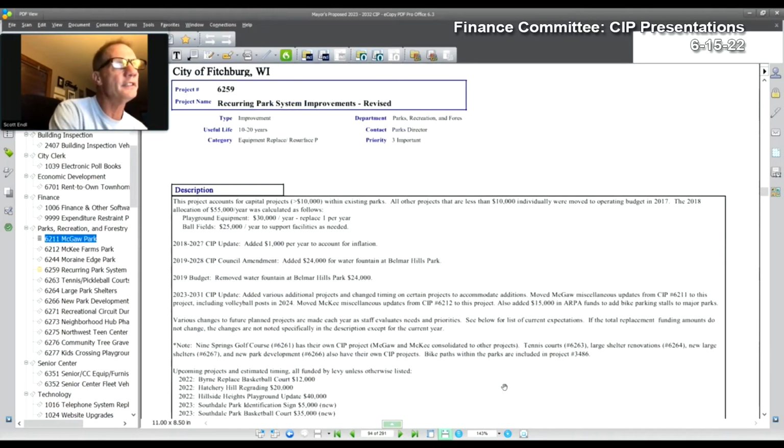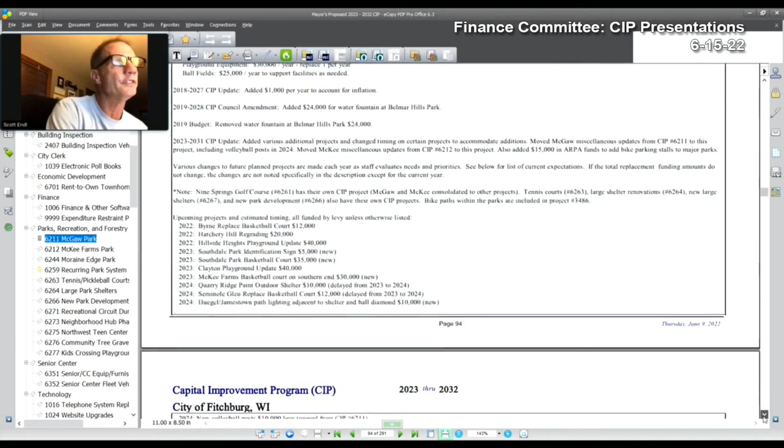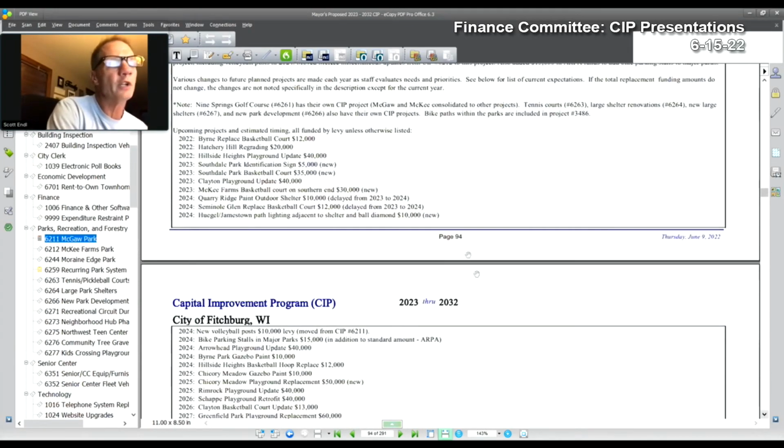6259 is the reoccurring park system improvements. These are funded through the tax levy, and just a bit of thought: when a new development comes into the community, we receive the park improvement fees and the parkland through dedication, and then we build those facilities.